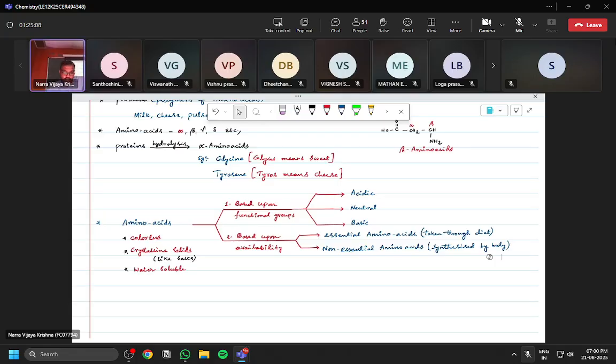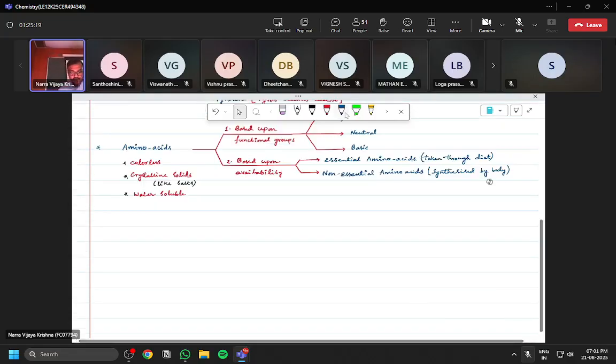While we were discussing carbohydrates, all naturally occurring carbohydrates are D forms, right? All amino acids are L forms. So which is taken as reference for amino acids? L-serine.